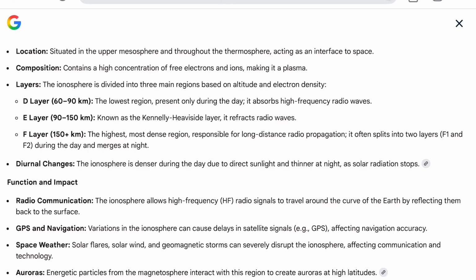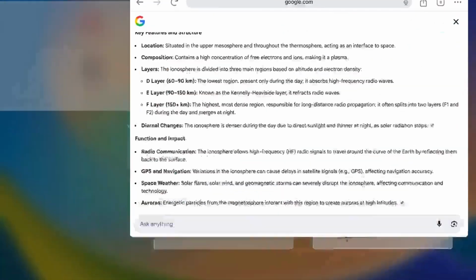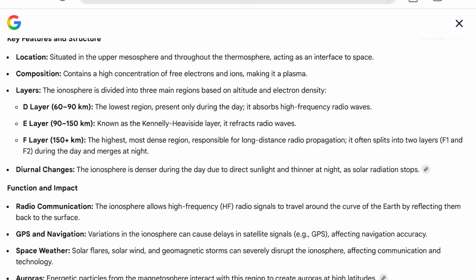The ionosphere is denser during the day due to direct sunlight and thinner at night as solar radiation stops. So the density of the charged particles, that is electrons and radicals, becomes high during the daytime when direct sunlight is there, and then it decreases at night as the solar radiation stops.